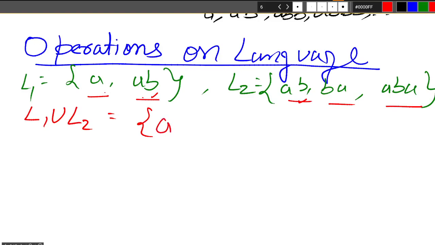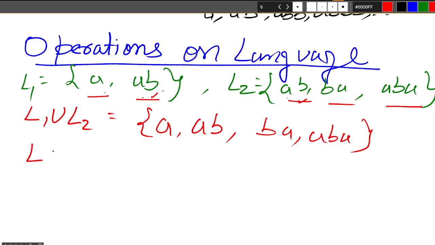So A is coming, AB is coming, which is repeated, so it is coming only once. Then BA is coming, then ABA is coming. Done. Now if you are trying to find the intersection, L1 intersection L2, what is it? It is that particular string which is common between the two languages, right? So here you can see AB is the common one. You will have AB, right?